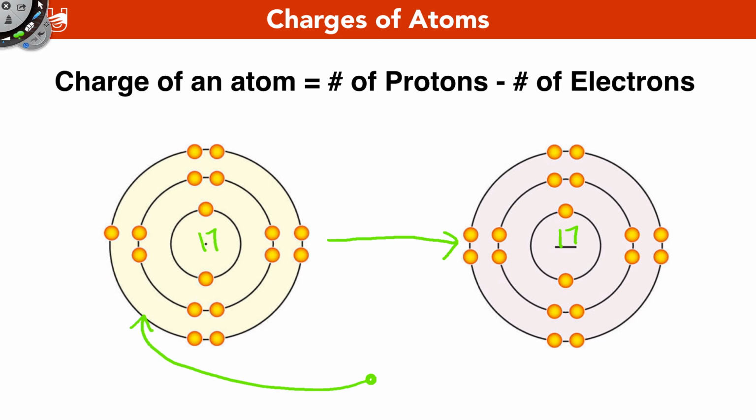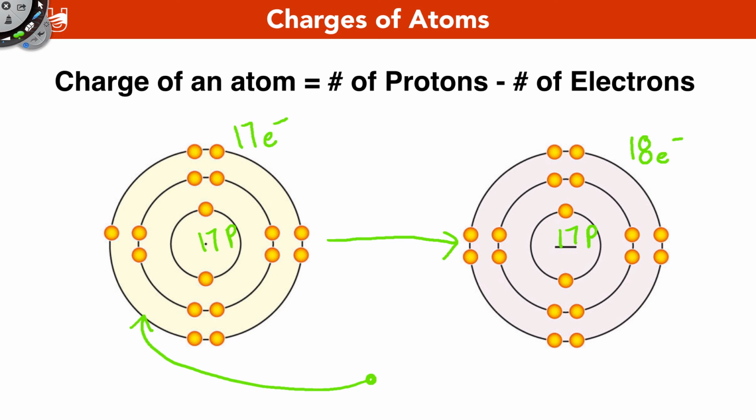So over here we have 17 electrons, 17 protons on the left. On the right we have 17 protons, and if it gained an electron, how many electrons? 18, right? Because we've said that electrons can be lost, they can be gained, or they can be shared. Here's a situation where an atom has gained an electron.